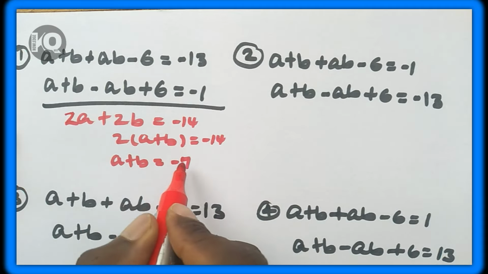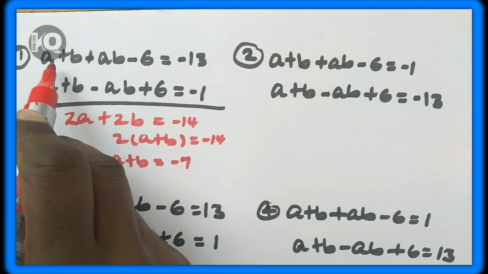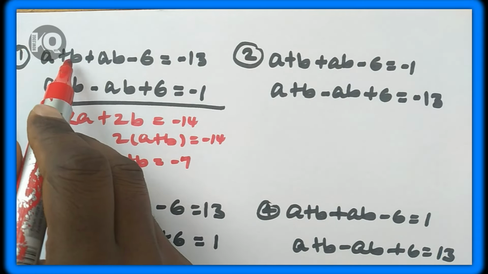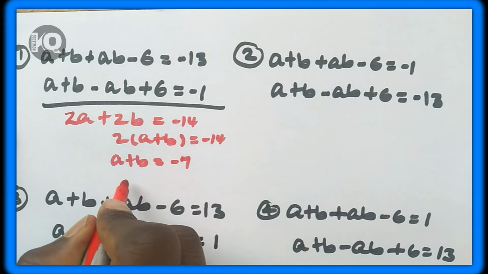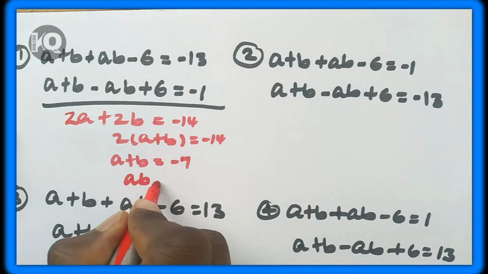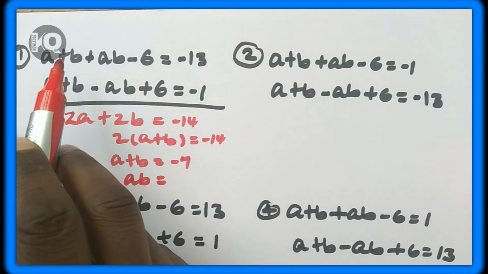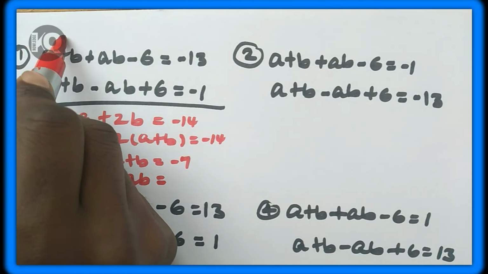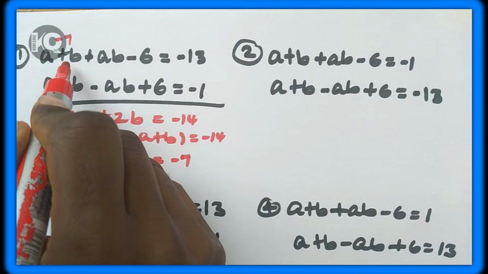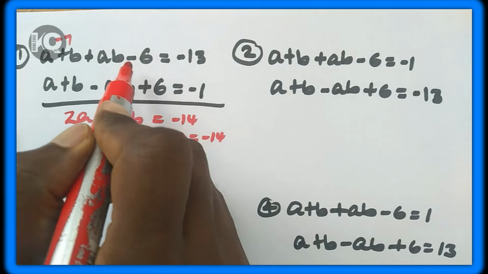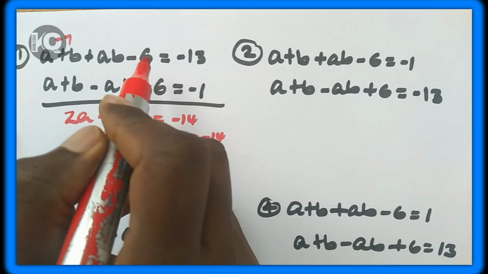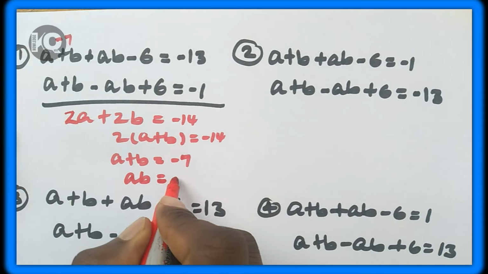When we substitute this minus 7 into one of these equations, minus 7 minus 13, so ab will be, let's substitute here, minus 7 minus 6, which is minus 13, plus 13, so it will be 0. So ab will be 0.